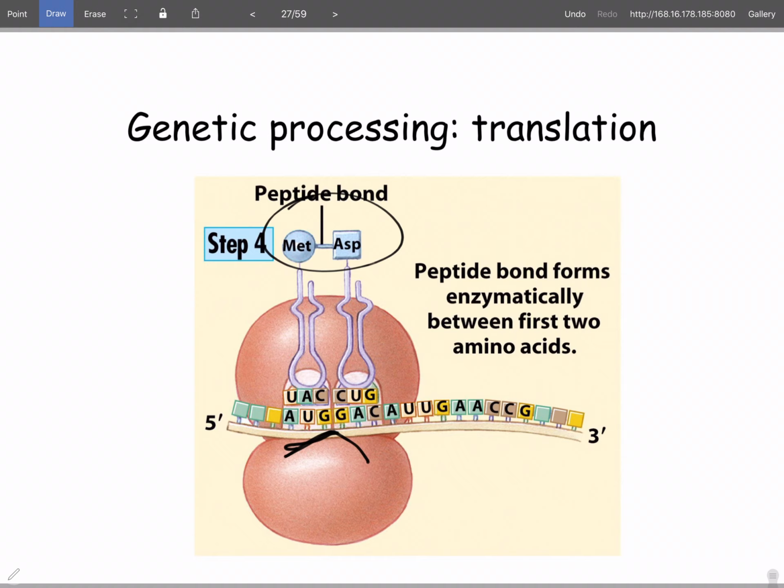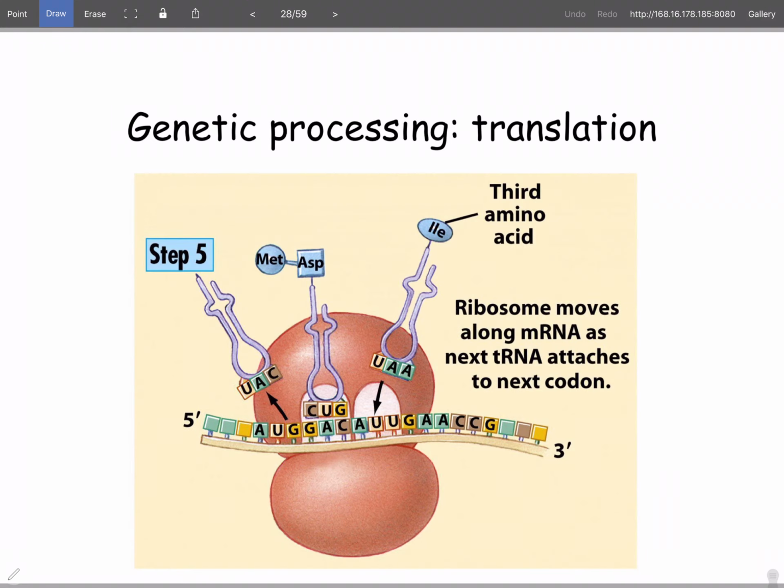And when it slides, it'll slide 3 nucleotides and kink the RNA again, right? And that's how the codons are separated from each other. It's by the ribosome moving and putting a kink into the mRNA. And so it sort of ratchets along at a certain distance.